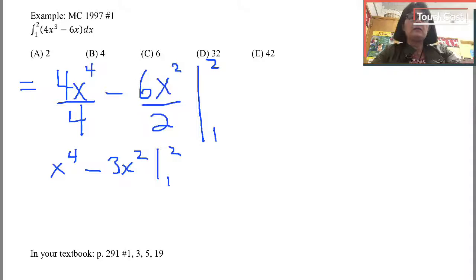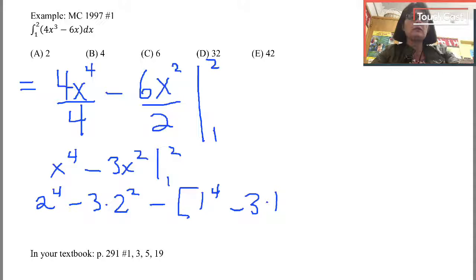So that's going to be 2 to the 4th minus 3 times 2 squared minus, big brackets, 1 to the 4th minus 3 times 1 squared. You can leave your answer like that on the free response section.